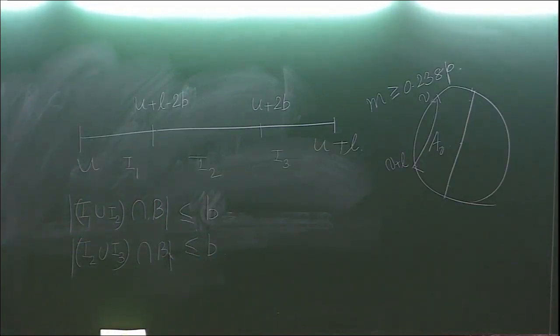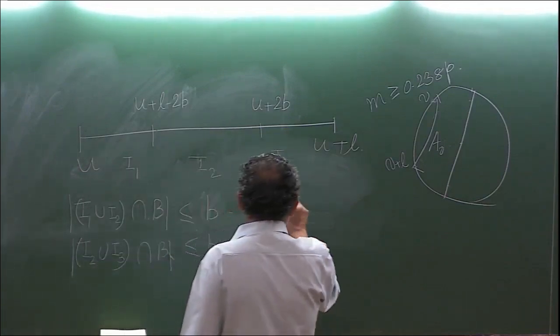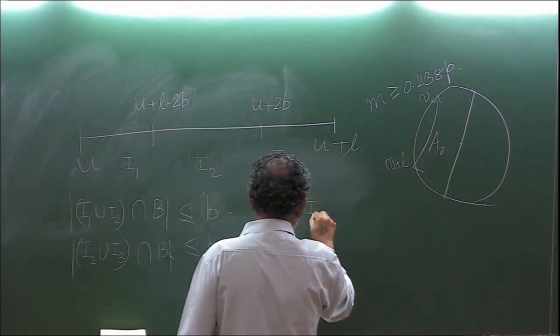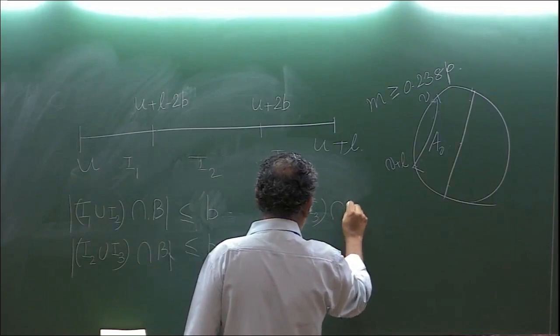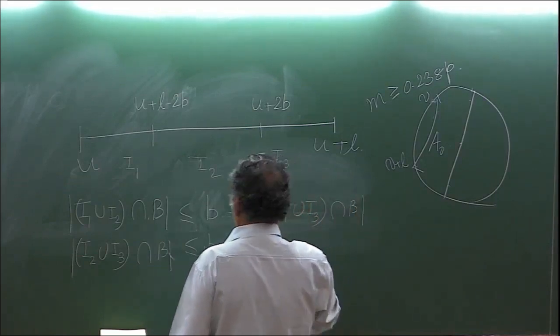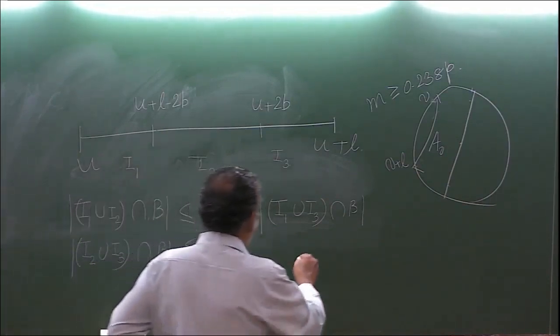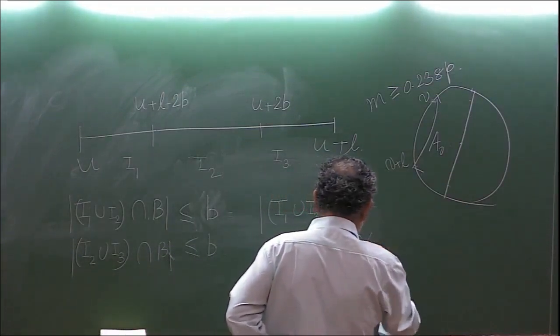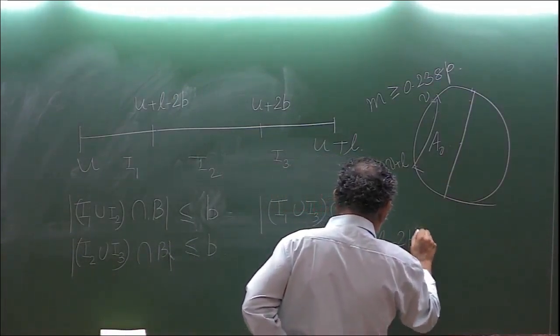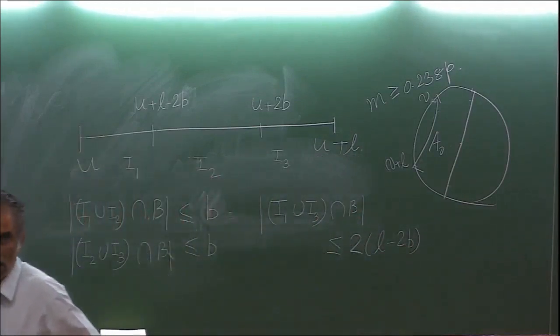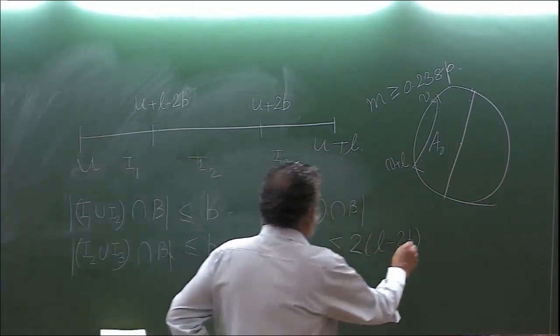And now look at I1 union I3 intersection B. I1 is of length L minus 2b. I3 is also of length L minus 2b. Therefore, the total length is 2 times L minus 2b, out of which many elements have to be excluded.